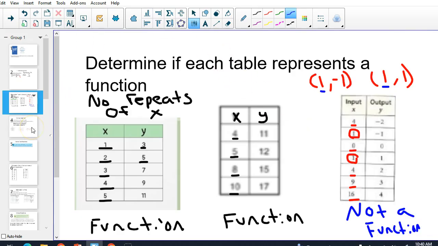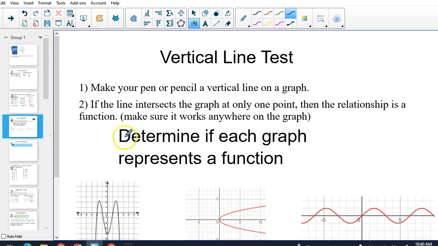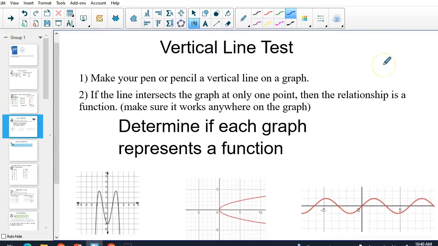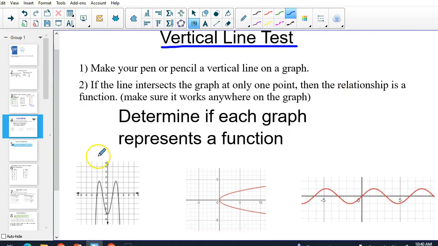Okay? Now, this idea holds up with tables, but we can also find it with graphs. So, with the vertical line test, hopefully we've seen this a couple times now, but quick review. Our vertical line test: if I take my pen or pencil and I draw vertical lines up and down across my paper, if the line I draw only ever touches one point, then the relationship's a function.